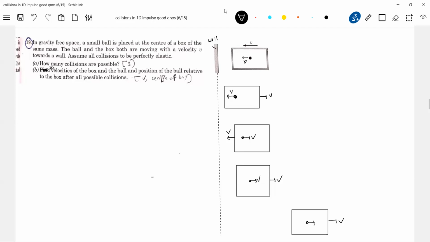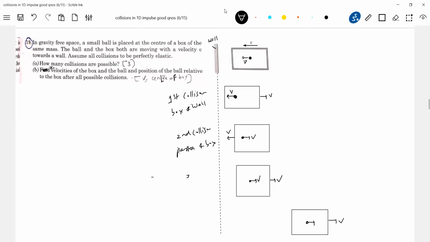It is the first collision, between the box and the wall here. First collision, box and wall. Next, second collision, particle and box.